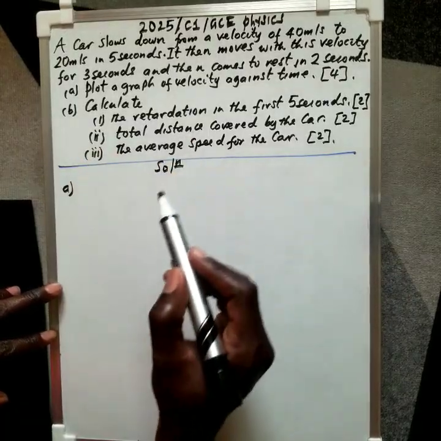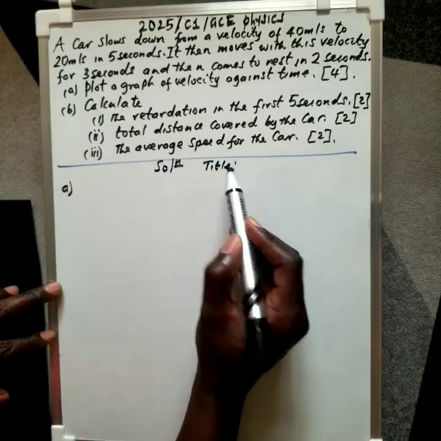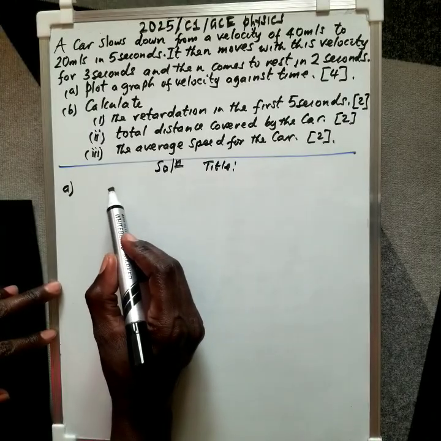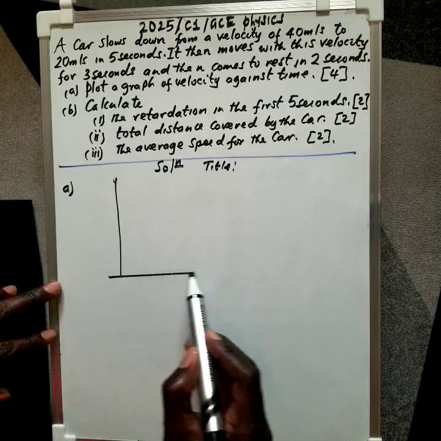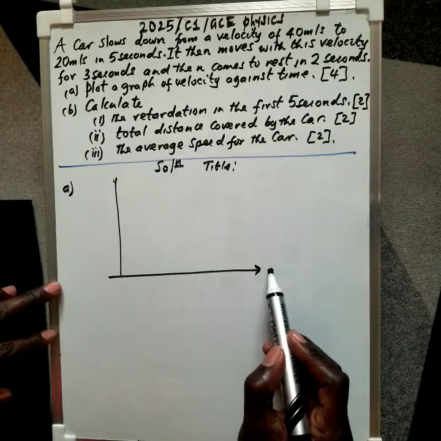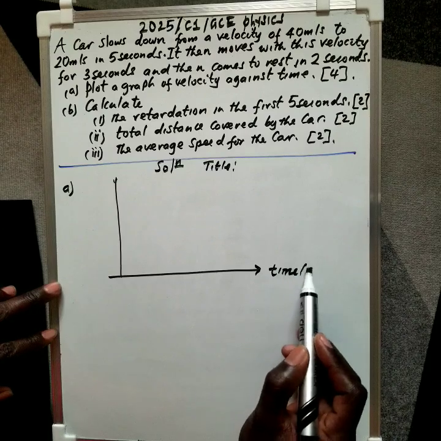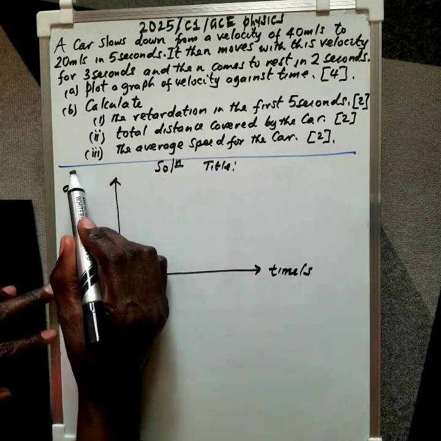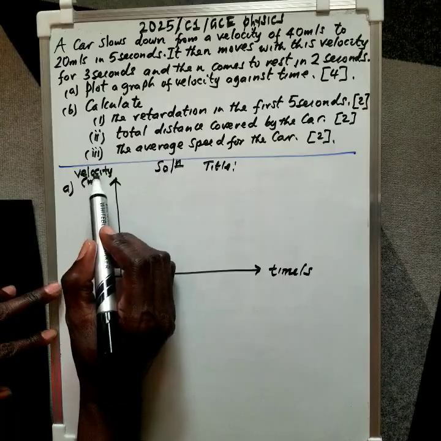So whenever you are plotting on a graph, one, ensure that there's a title. And what's the title? Let me show you what you have in this case. If you look at this one, you have your time, in this case your time in seconds on the x-axis. Then this side, you do have the velocity, in meters per second.